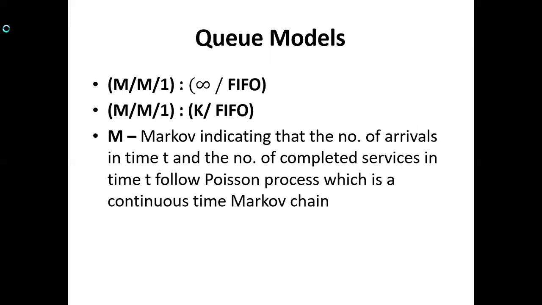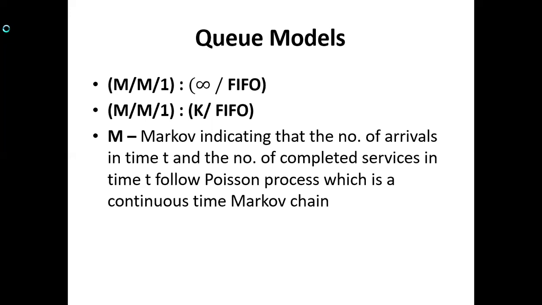Our syllabus is going to cover two models. The first one is M/M/1/infinity/FIFO and M/M/1/K/FIFO. Over here, M represents Markov, indicating that the number of arrivals in time t and the number of completed services in time t follow a Poisson process, which is a continuous time Markov chain.